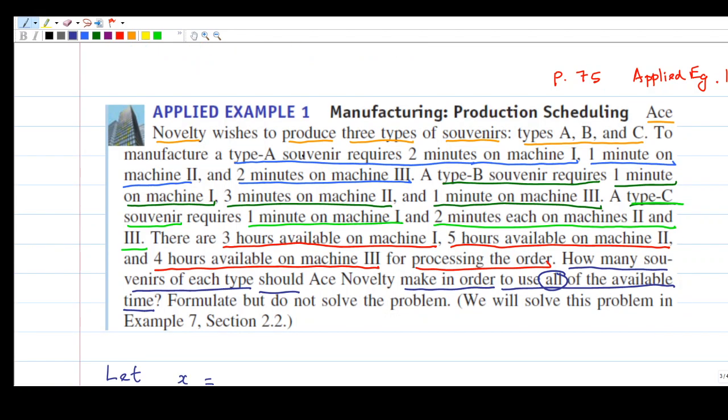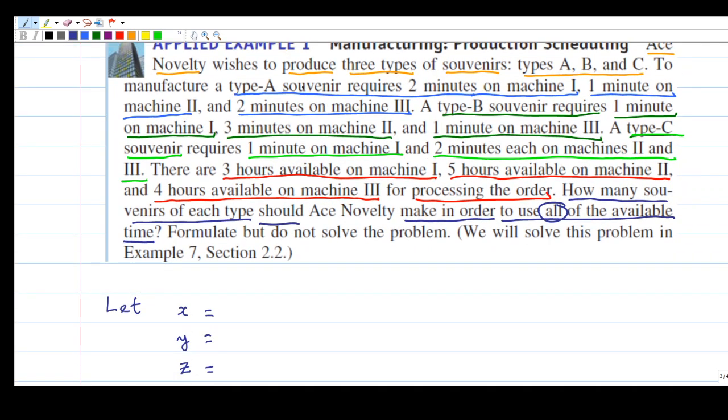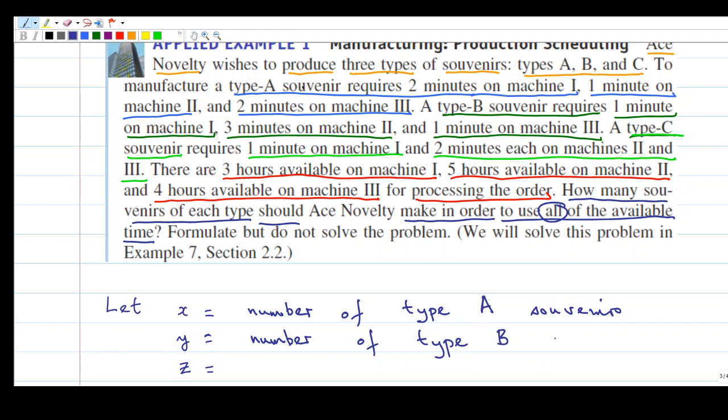So let's introduce the variables. So let x equal the number of type A souvenirs, y equal to the number of type B souvenirs, and z equal to the number of type C souvenirs.